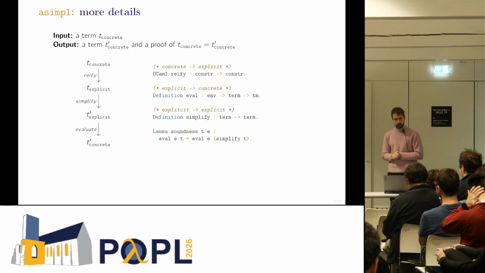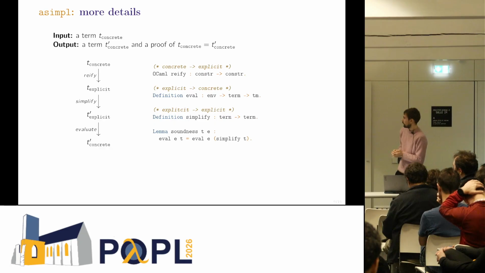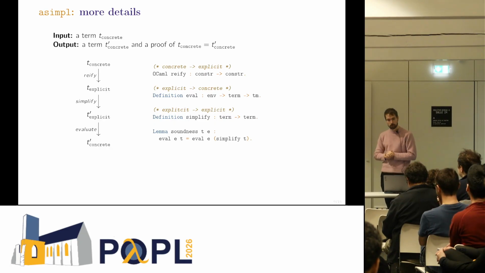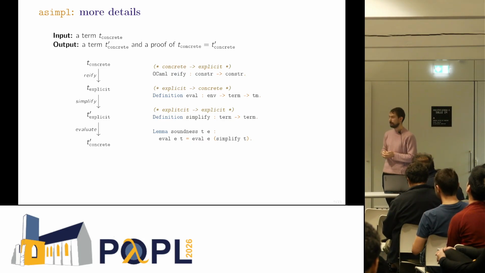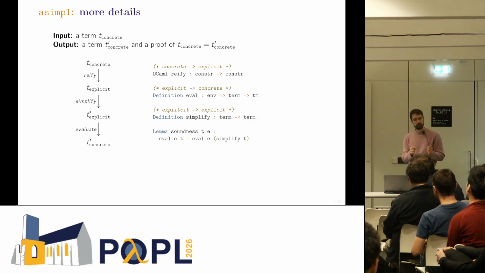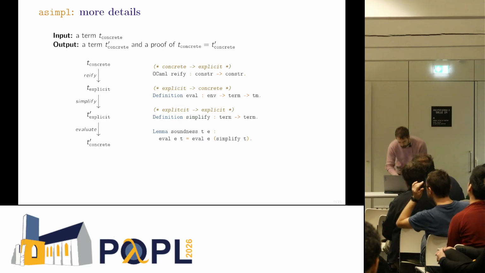And then the nice thing is that since the explicit syntax is simply a Rocq inductive, you can write the simplification function as a Rocq function, and you can prove a soundness theorem for this function. So if you have a term t in explicit syntax, evaluating t or evaluating the simplified version of t gives the same thing.